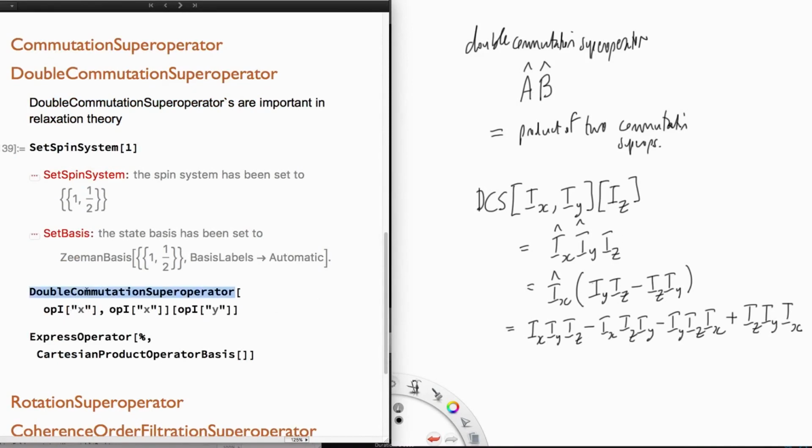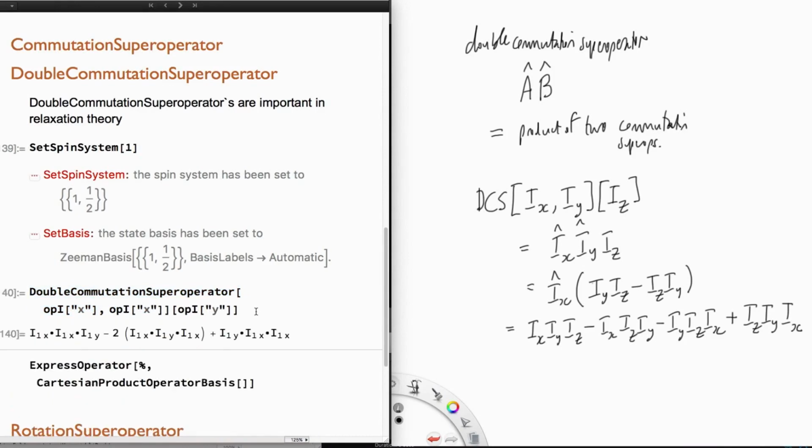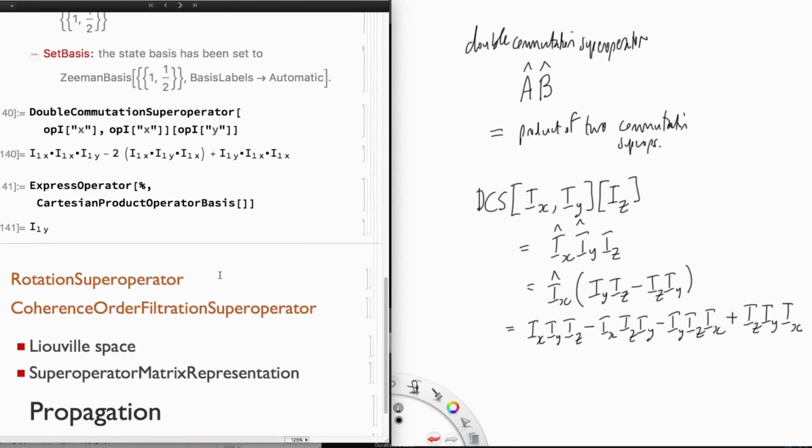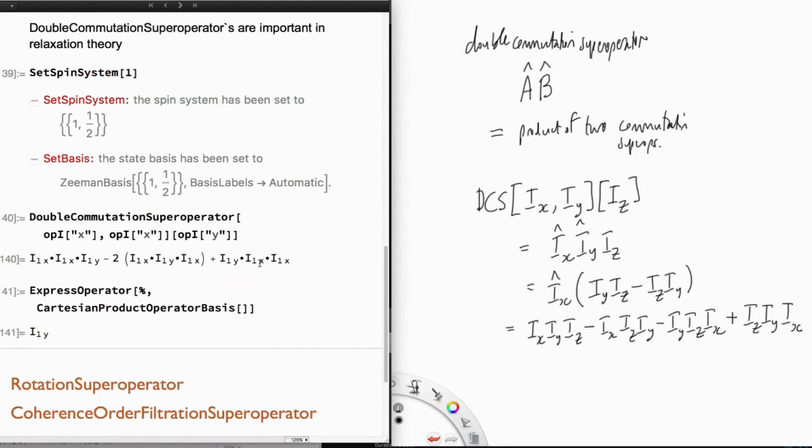So here again, we've taken the double commutation superoperator, Ix in this case, applied it to Iy, and we get a long combination of angular momentum operators, which we can express if we want in terms of a single operator, and in this case the whole thing reduces to Iy. And we'll get back to double commutation superoperators when we start to look at how to describe relaxation.